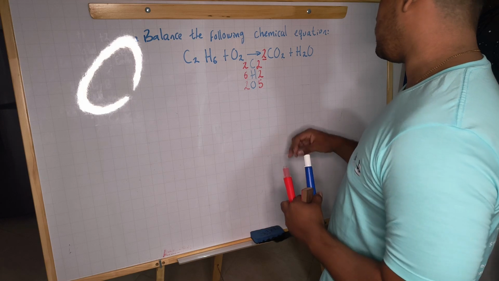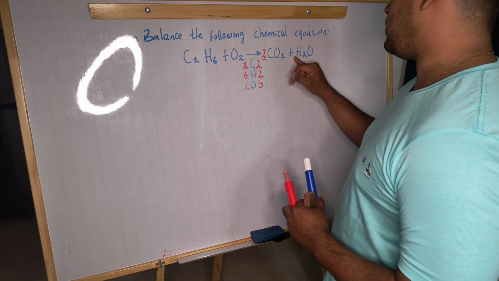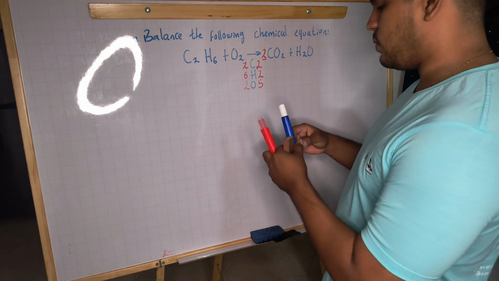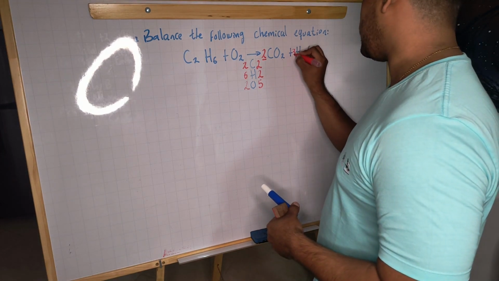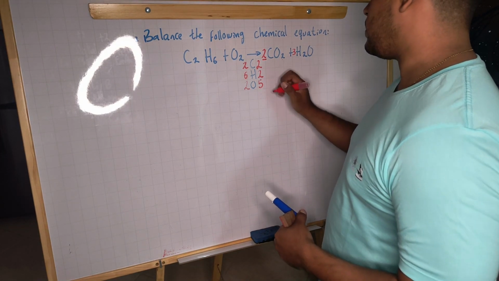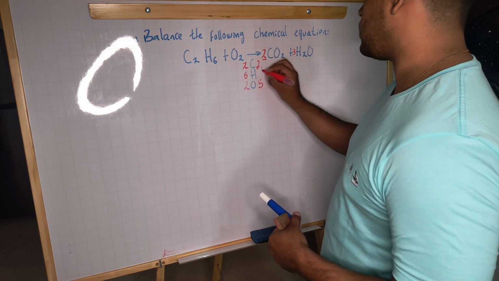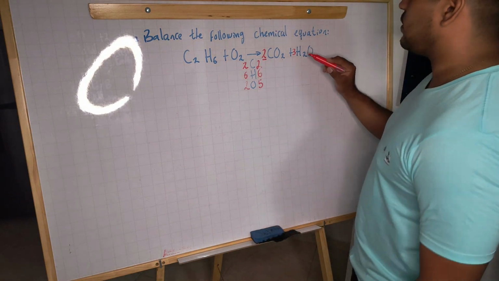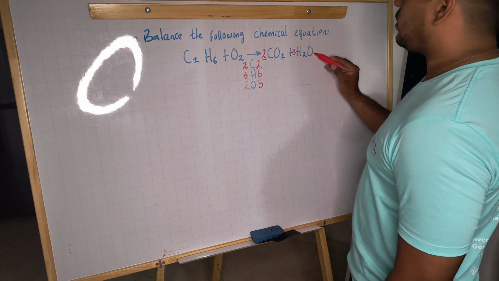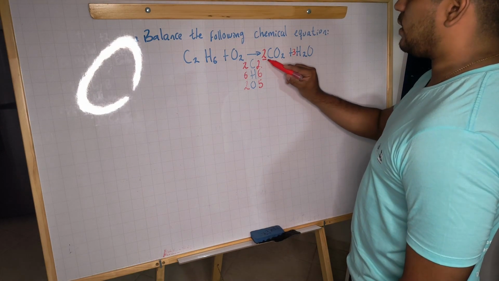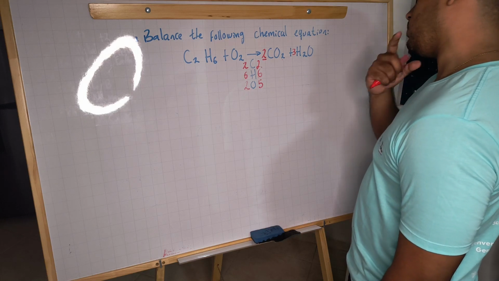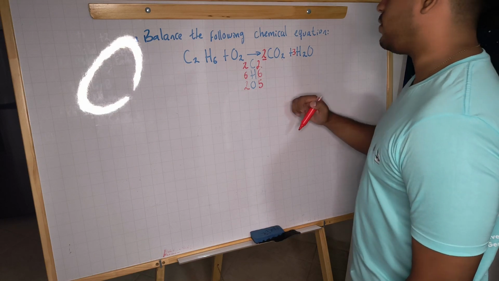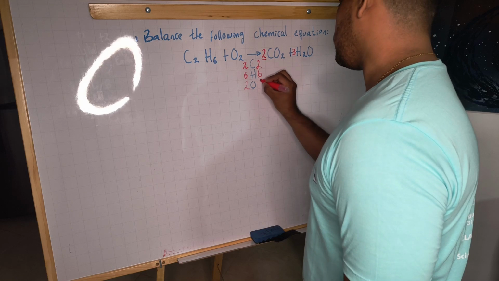So you got a problem here because of the 6 hydrogen atoms. To obtain 6 on this other side, what I have to do is multiply 2 times 3, that will give me 6. Okay, but on the other side, we're going to have 3 oxygen atoms, right? So plus 4, sorry, that will give me 7.